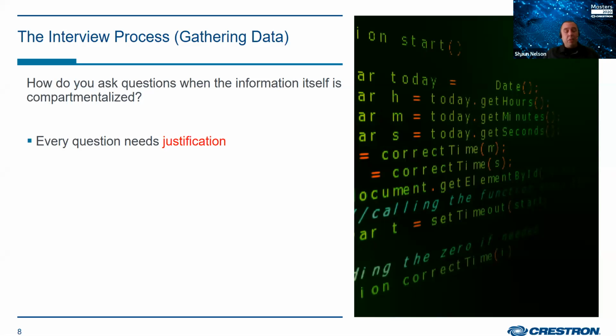From a conversation standpoint, to steer this back a little from an interview, one of the biggest challenges I run into is that people ask questions without having a reason to ask them. And that's the single fastest way to get a security team to shut you down. I've seen sales guys say something they shouldn't and get an interview shut down.